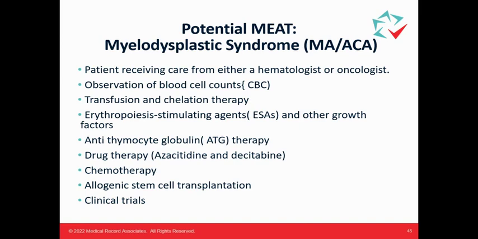Here's some information regarding the myelodysplastic syndrome. If the patient is receiving care from either a hematologist or oncologist, that would qualify. Observation of blood cell counts, transfusion and chelation therapy, erythropoiesis stimulating agents, your ESAs and other growth factors, anti-thymocyte globulin therapy, the ATG, any drug therapies, I can't pronounce those drugs, chemotherapy, allogenic stem cell transplantation, and clinical trials.